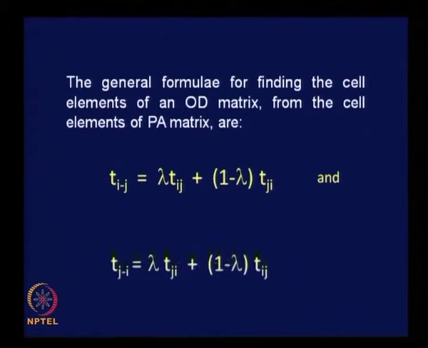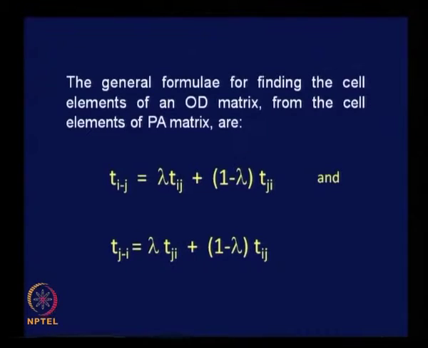And similarly you can write the other directional movement, namely Tj dash I, number of trips originating at j and destined to I, is equal to lambda times Tji plus 1 minus lambda times Tij, right.